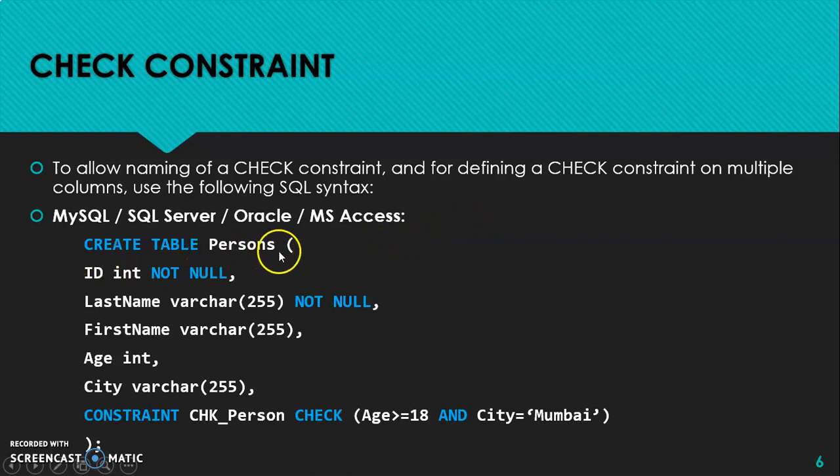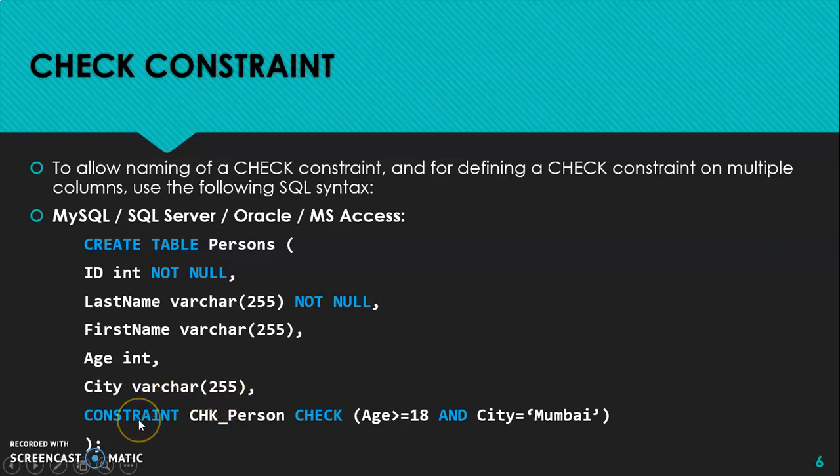Create table person, ID of type integer, not null, last name of type varchar, maximum size 255, not null, first name of type varchar, maximum size 255, age of type integer. Now we have a city of type varchar and maximum size 255.